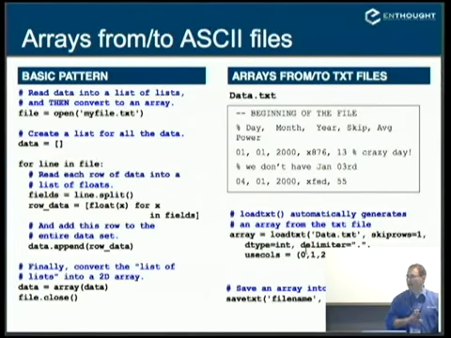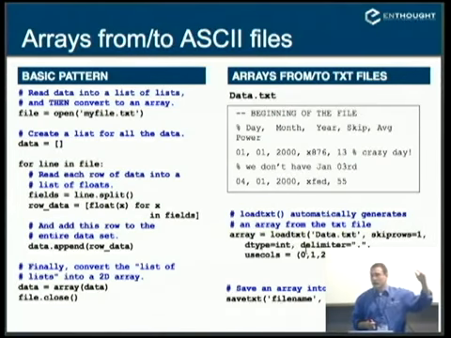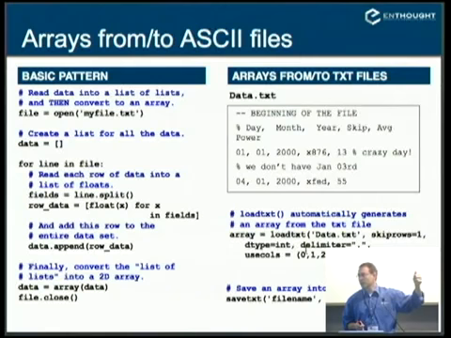You can't resize NumPy arrays very well. It really is: this is the footprint of my array, and this is the description of how it's laid out in memory. So when you're reading data from a file, a lot of times people want to know how to read it straight into an array. The answer is you typically don't. You read it first into a list, and then at the end you convert it to an array.